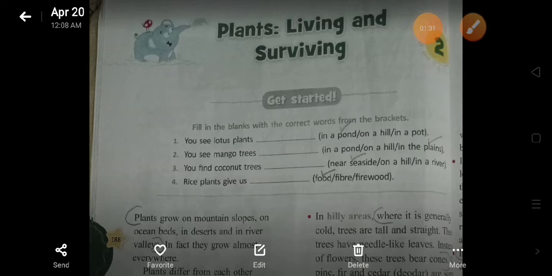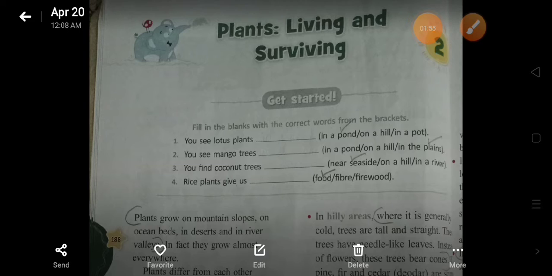Next question number 3. You find coconut trees dash. Options near seaside, on a hill, in a river. Answer near seaside. You find coconut trees near seaside.